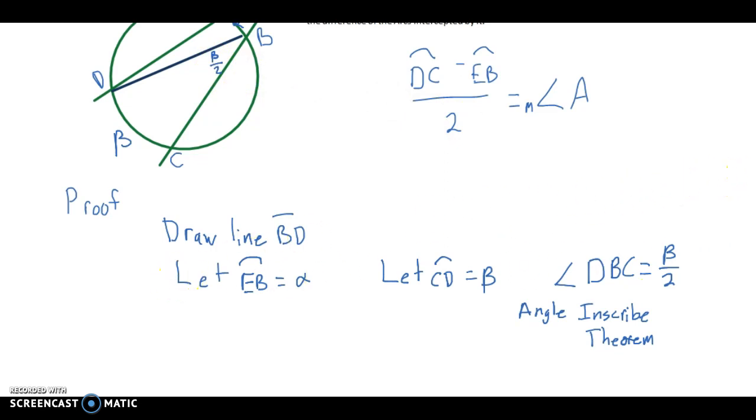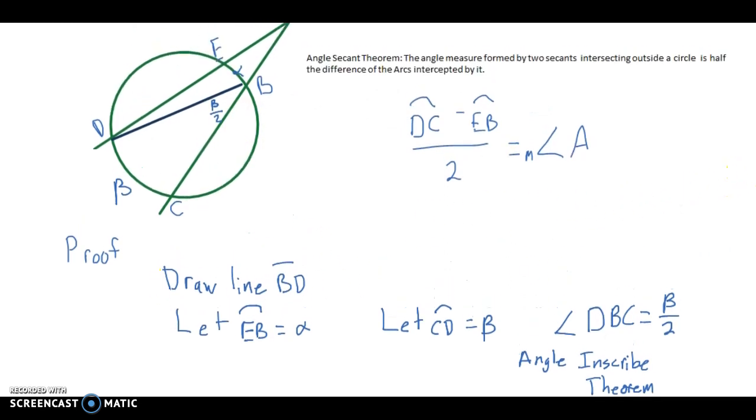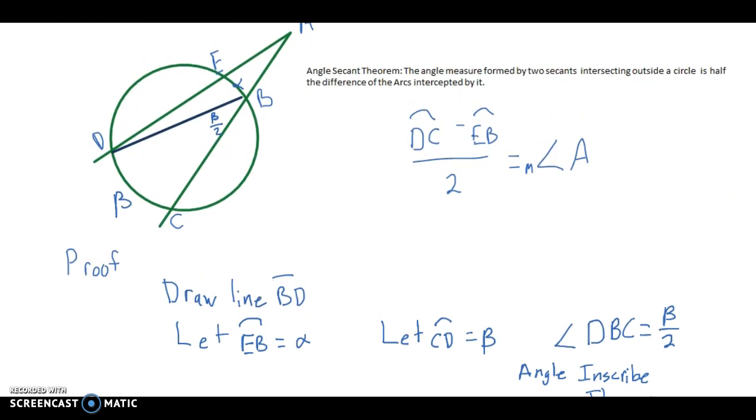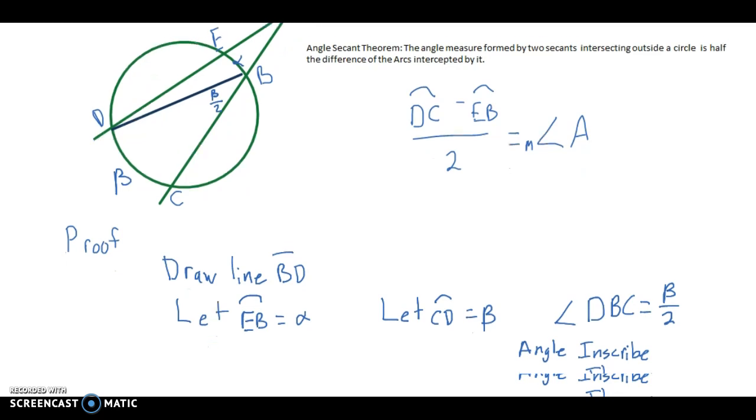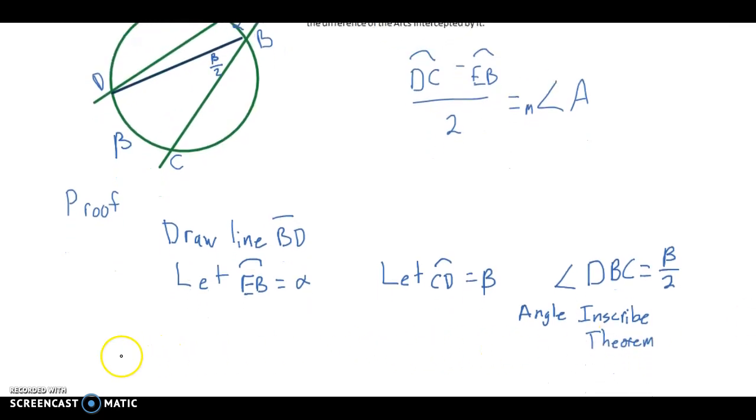From here, using also the inscribed angle theorem, we can say angle ADB is also equal to alpha divided by 2. Once again, that's through the inscribed angle theorem. So this is alpha divided by 2.